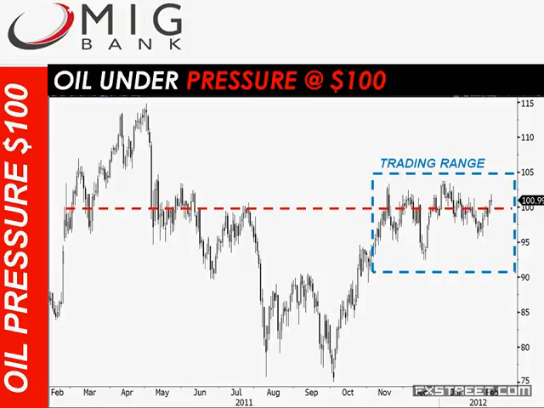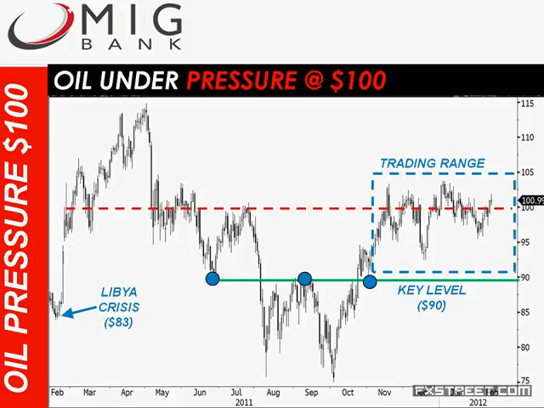Now, I do want to say more than that. I think in the short term, we see potential weakness into this key $90 level, something I call a structural level, where resistance becomes support and vice versa. There may be a potential dip even lower into the lows of spring last year, where we had the Libyan crisis, the Arab Spring, and that price level is around $83.